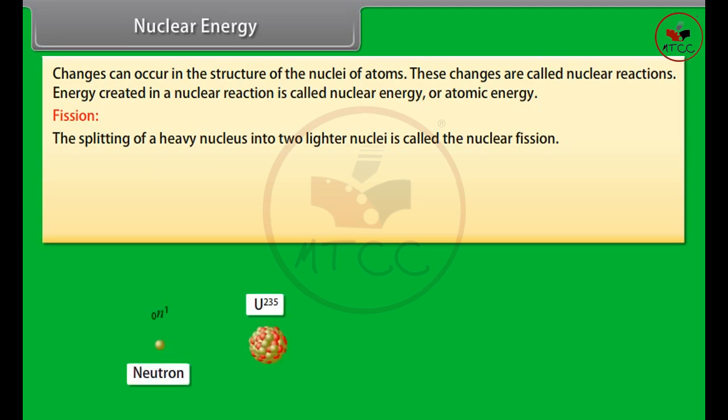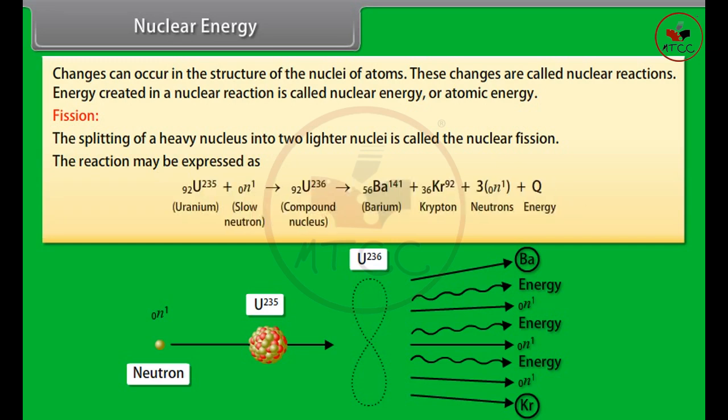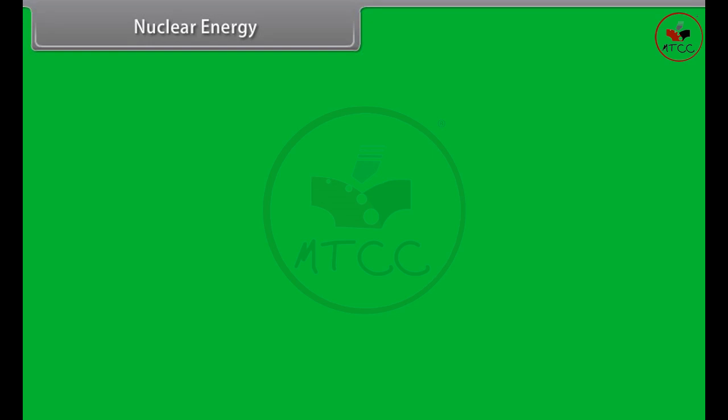When a slow neutron strikes a uranium-235 nucleus, it is absorbed by the nucleus and an unstable isotope of uranium, U-236, is formed, which immediately breaks into two fragments emitting 2 or 3 neutrons with release of enormous amount of energy. The reaction may be expressed as shown.